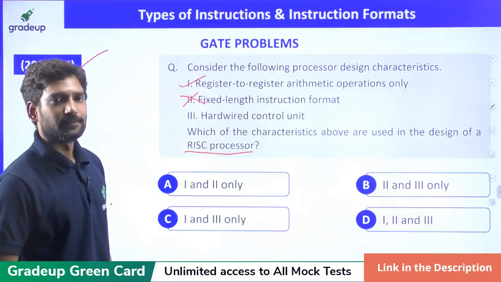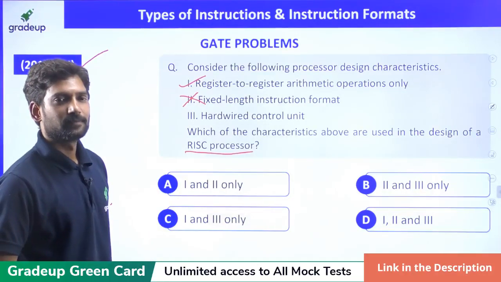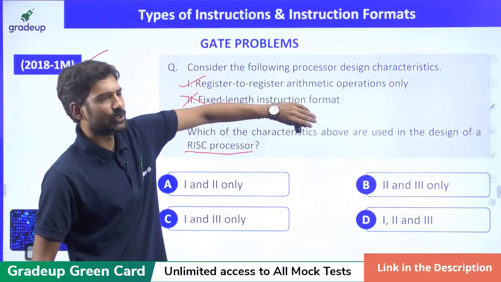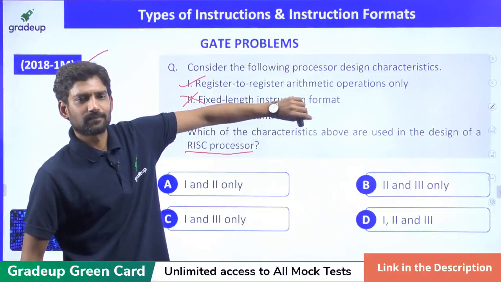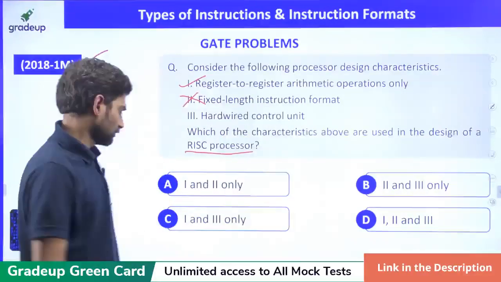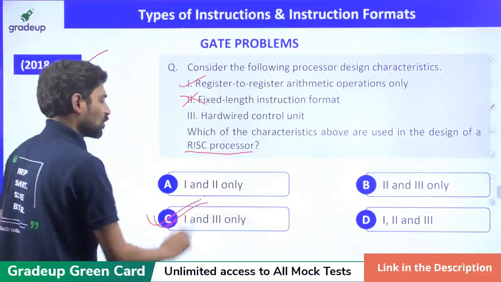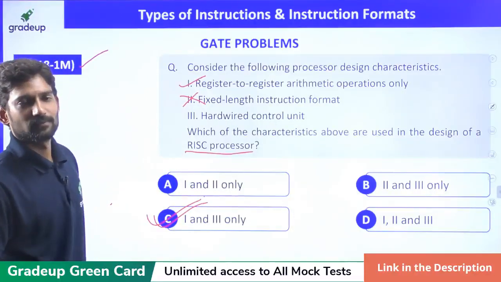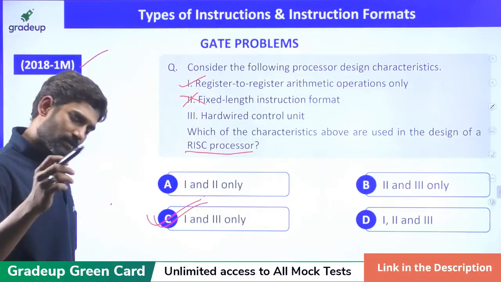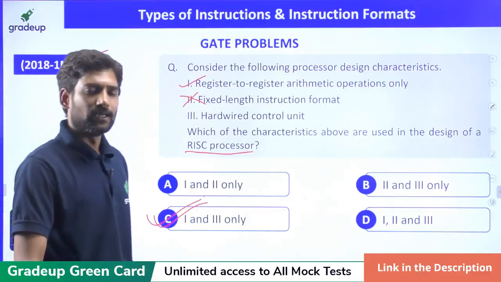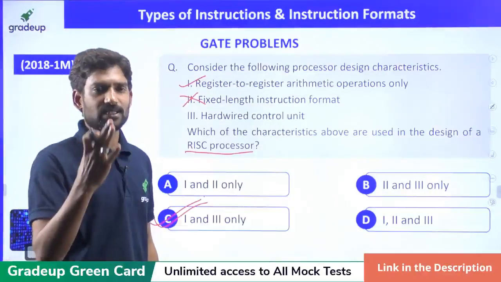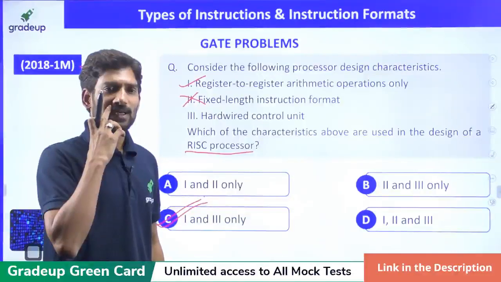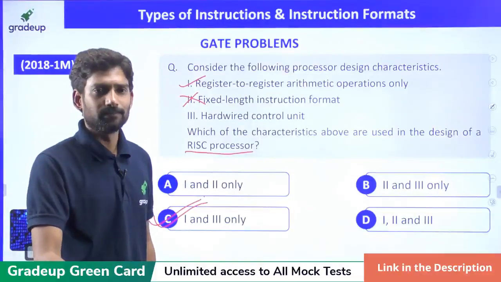So what is the answer? Yes, I know that you don't know about it, but still you can answer this question. 1 and 3 only. And guys, we will be discussing CU design, control unit design. There I will talk about CISC and RISC a little more in detail. Okay?